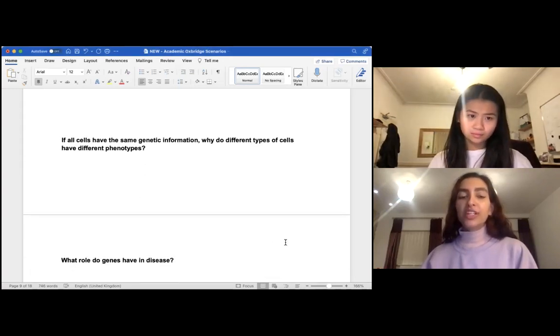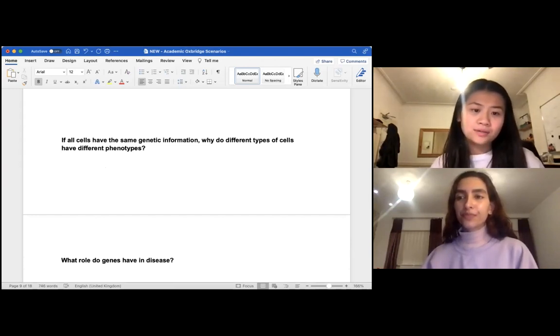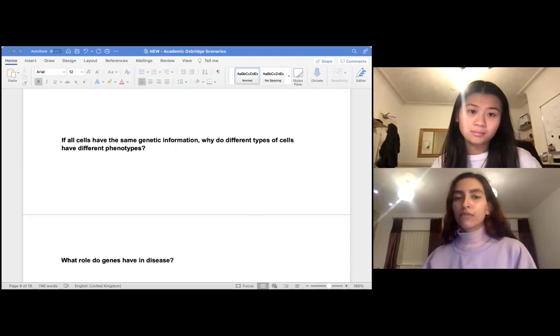What role do genes have in disease? So if I give you an example, some families have inherited mutations within genes. For example, the BRCA1, BRCA2 genes that we have with regards to breast cancer.